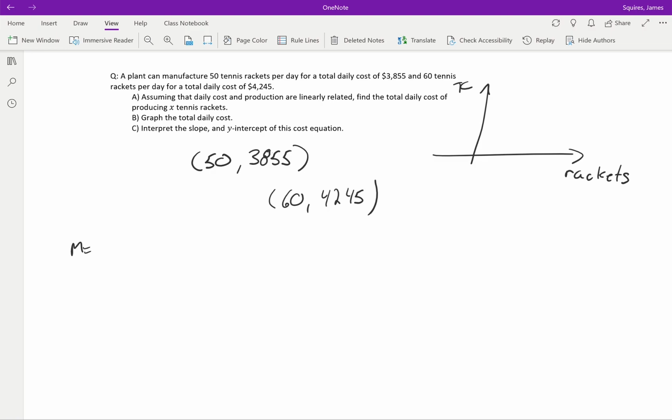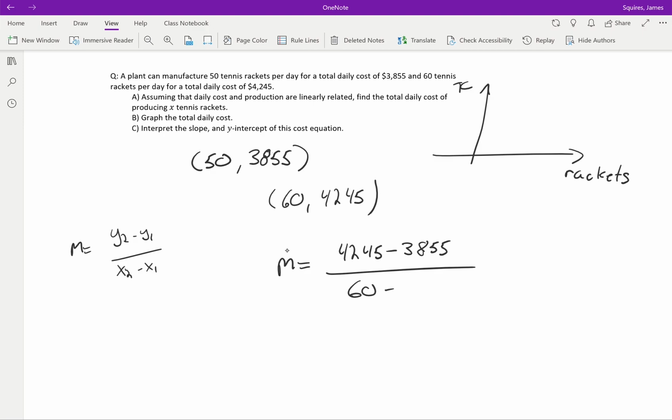And now remember, the equation of slope is y2 minus y1 divided by x2 minus x1. So we're going to have our slope equals 4245 minus 3855, all divided by 60 minus 50.